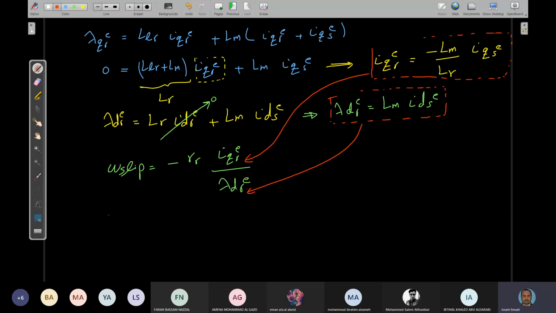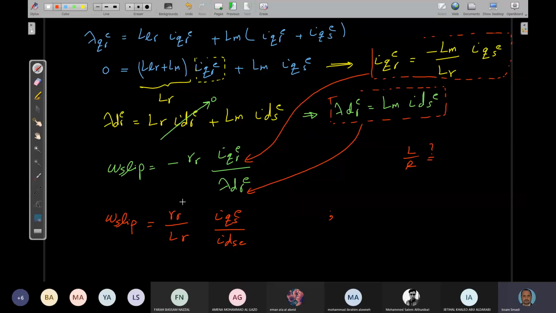Now, if I do so, I will end up with omega slip equal to R over L R IQSE over IDSE. Now, in general, you know that L over R is equal to what? The time constant, yeah, it's the time constant.